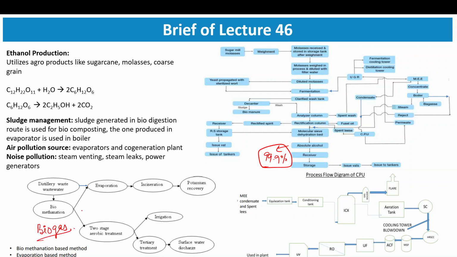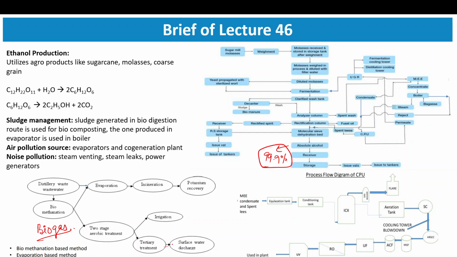Also, aerobic processes are not advisable if we have high contents of organics. So the first step will be biomethanation or a biogas plant. Secondly, we can either send it to evaporation or for aerobic treatment. And lastly, whatever water is obtained has very few harmful chemicals, so we can send it for irrigation.